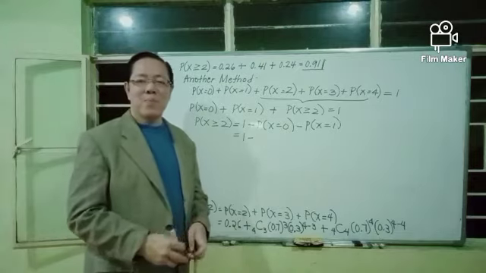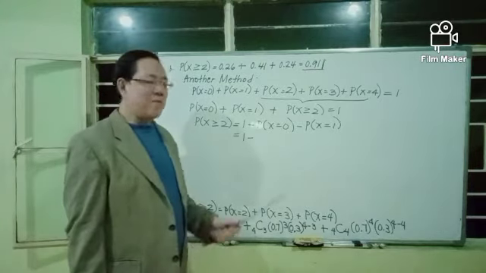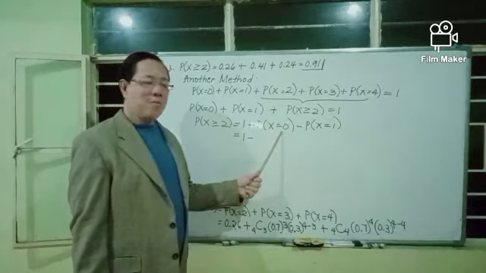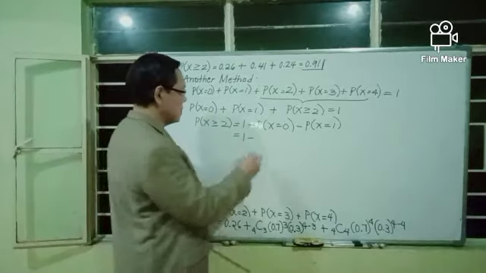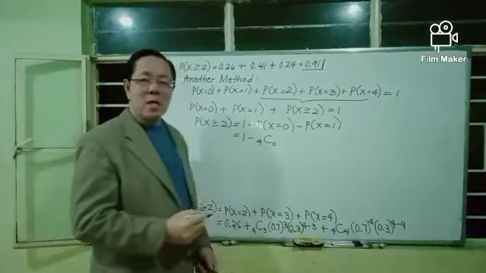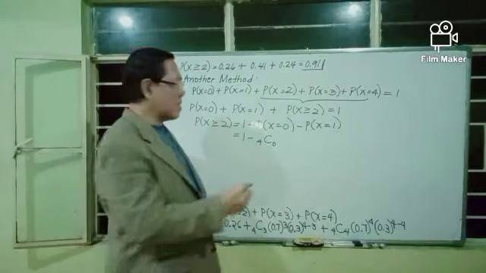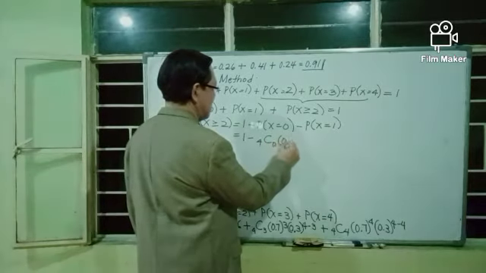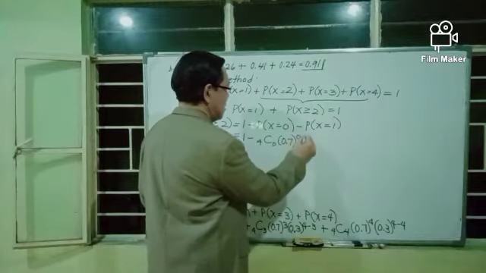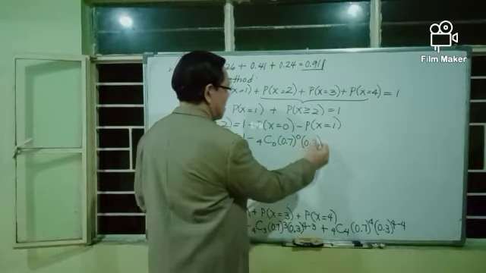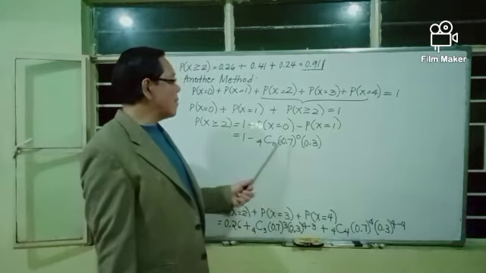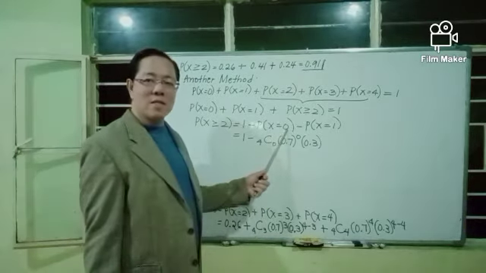And using the binomial probability distribution formula, probability of x equals 0 equals combination of 4 taken 0 times the probability of success, 0.7 to the power x, 0, multiplied by Q, or probability of failure, to the power n minus 0. N is 4 and x is 0.